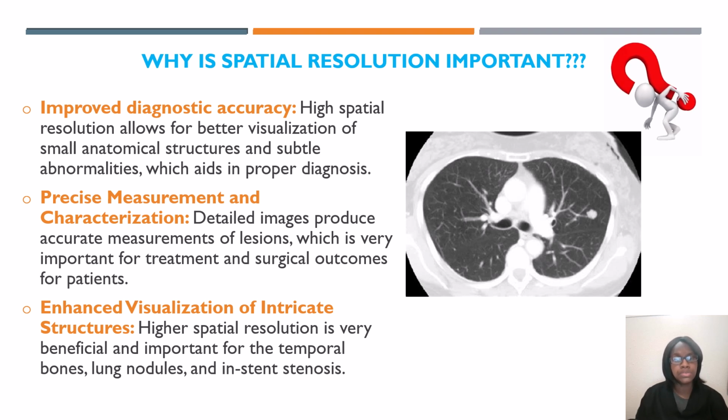Detailed images produce accurate measurements of lesions, which is very important for treatment and surgical options and outcomes for patients. You also have enhanced visualization of intricate structures. Higher spatial resolution is very beneficial and important for the temporal bones, lung nodules, and in-stent stenosis. And then this is an image, of course, of your lungs.